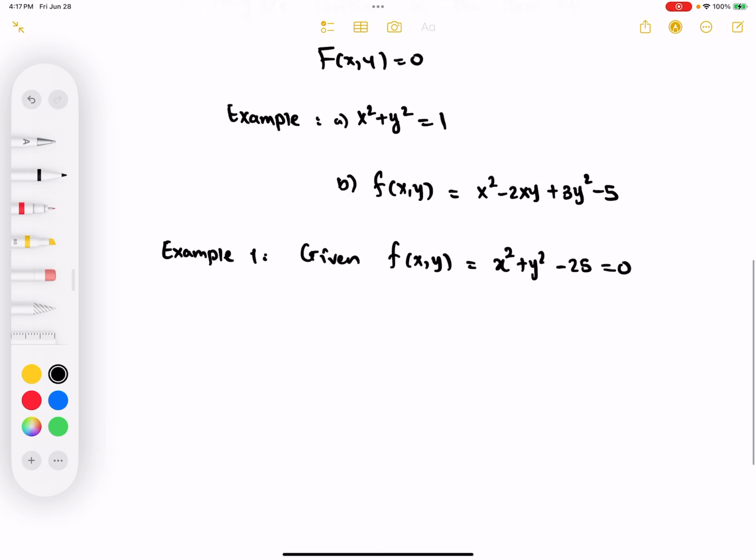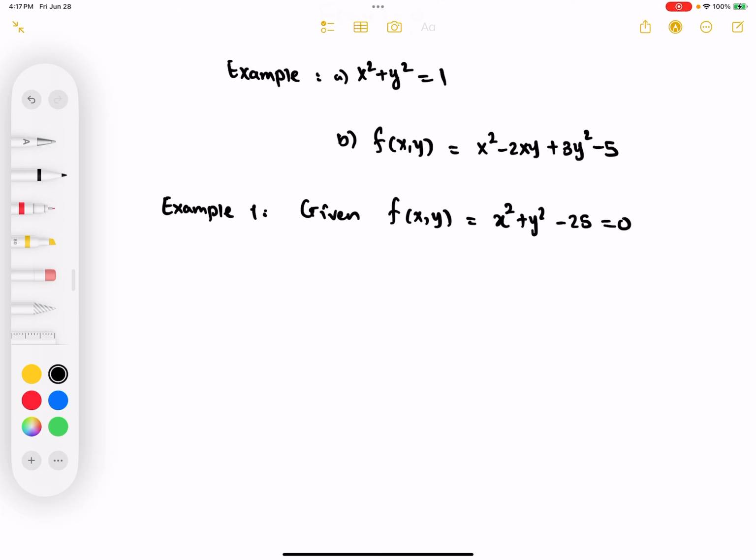Let's find y prime, and also we can find the slope of the graph at x is equal to 3. Now, x squared plus y squared minus 25 equal to 0 is a circle.